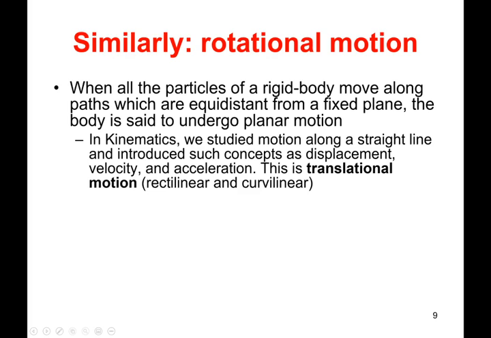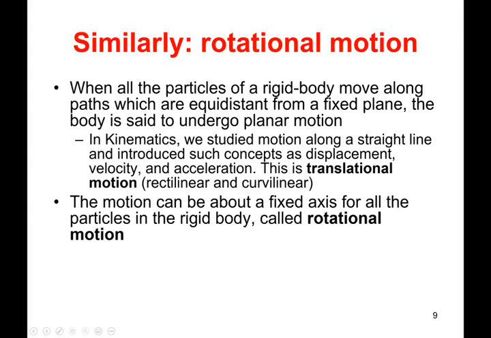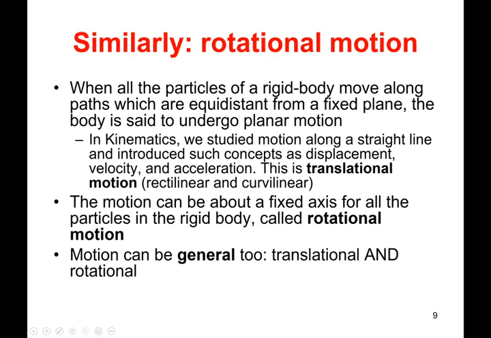This is translational motion, which can be rectilinear and curvilinear. But the motion, as I mentioned, can be about a fixed axis for all the particles in the rigid body. And this kind of motion is called rotational motion.